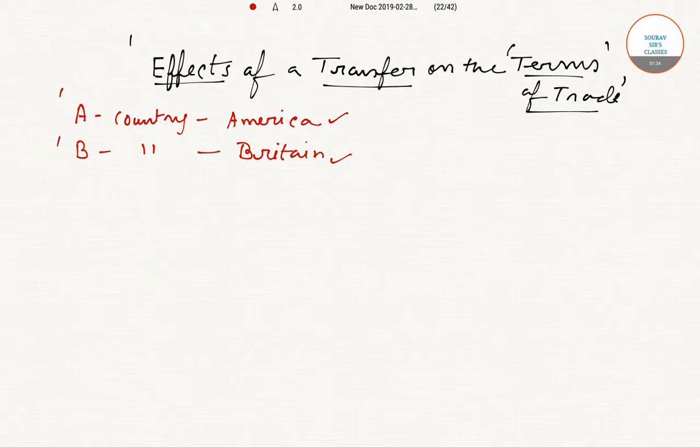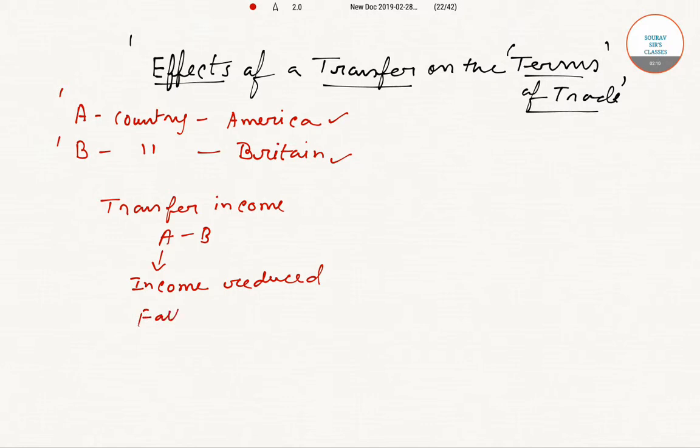Now if A transfers some of its income to B, what happens is that A's income is reduced, and a fall in A's exports is inevitable.